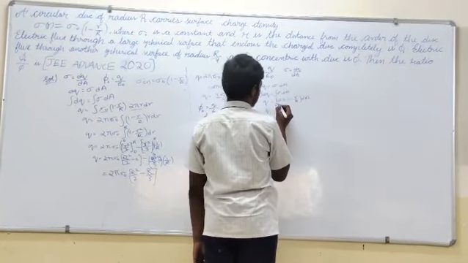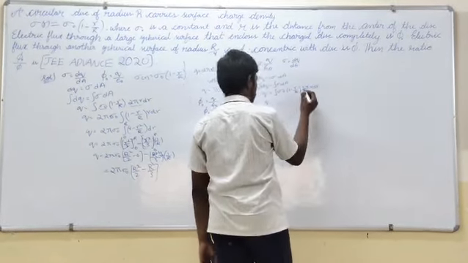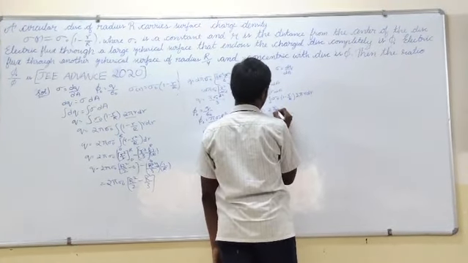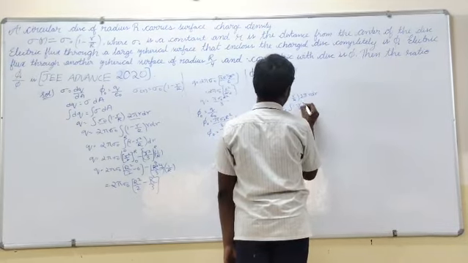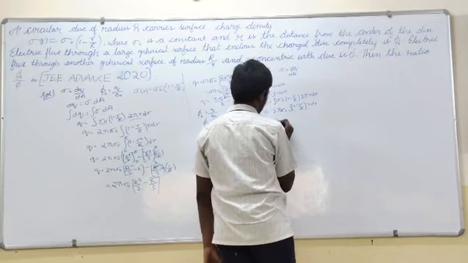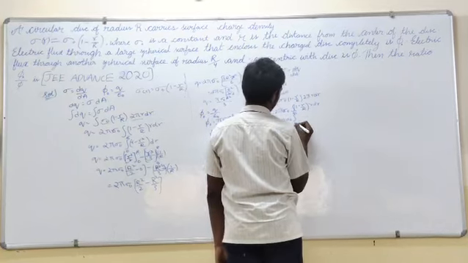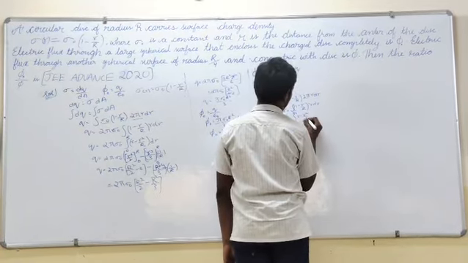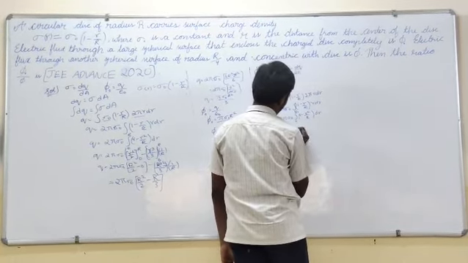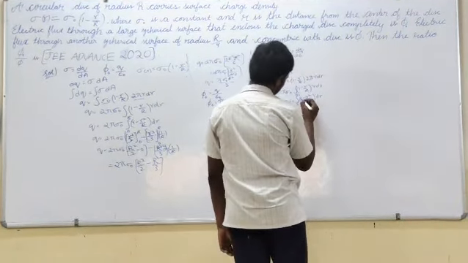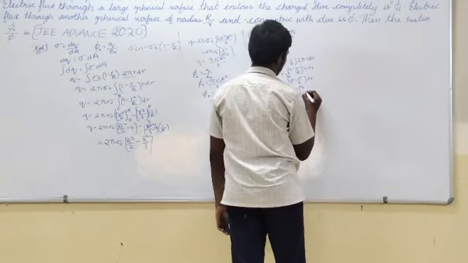Q is equal to the integral, and in the place of dA we will write 2 pi r dr. Now this 2 pi and sigma naught are constant, and 1 minus r by R dA. 2 pi sigma naught integration, the upper limit will be R by 4 now, and lower limit 0, of r minus r square by R dr. Integration of r is r square by 2 with upper limit R by 4 and lower limit 0.